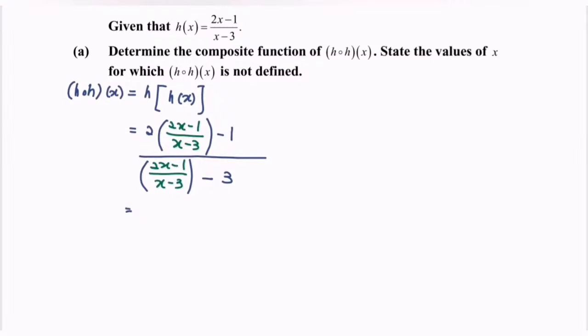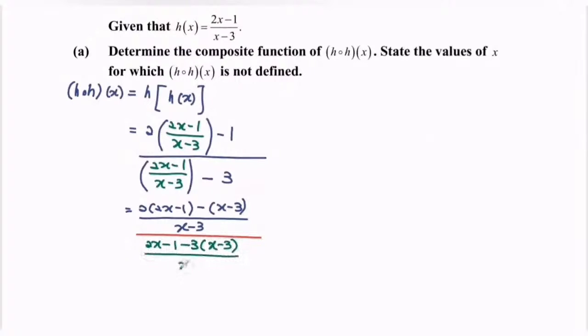So we will have 2 bracket (2x minus 1) minus (x minus 3) over (x minus 3) for the numerator part. Next, kindly focus on the denominator. So (2x minus 1) minus 3 multiplied with (x minus 3), over (x minus 3).